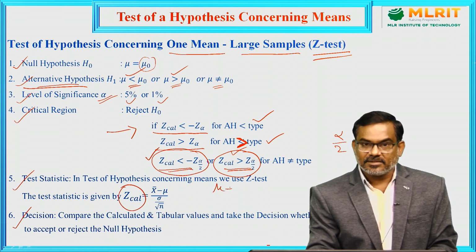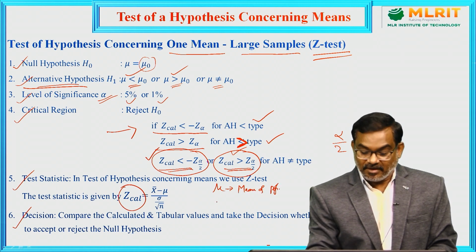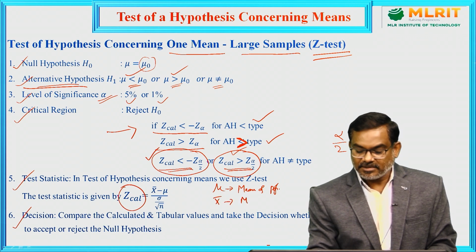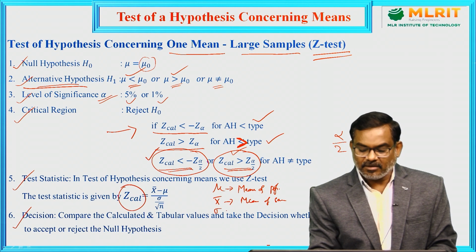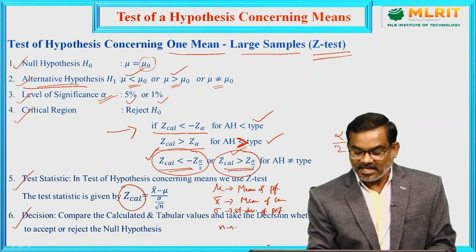Here, just now we discussed the notation that we use in testing of hypothesis. Mu is the mean of the population, x bar is the mean of the sample, sigma is the standard deviation of the population, and n is the size of the sample.